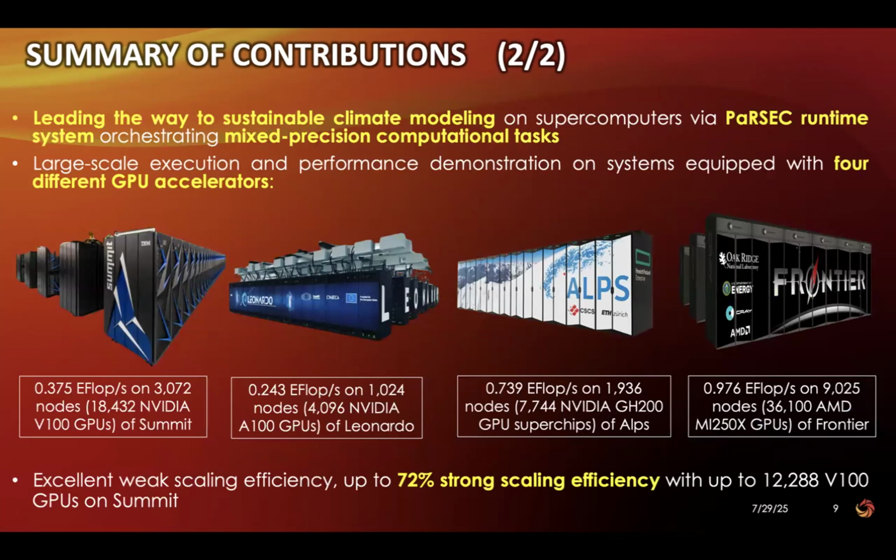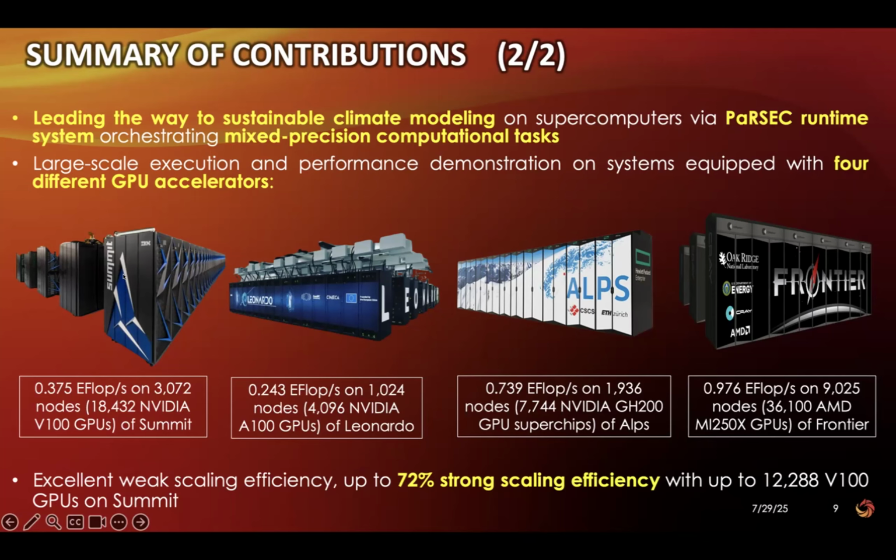From the HPC part, we also did all the scalability on different systems in different places in the world, starting with the Summit supercomputer, which includes NVIDIA V100 GPUs. This system was at Oak Ridge.